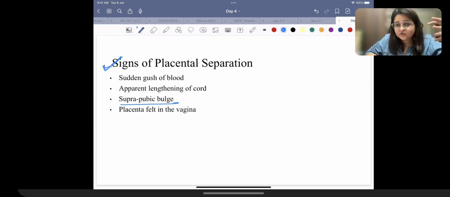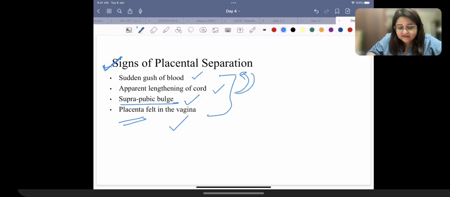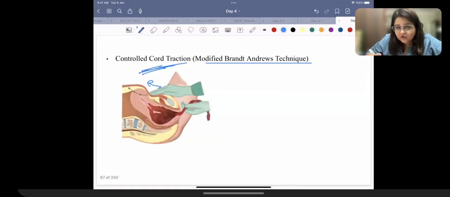It will appear as a suprapubic bulge. And if you do a PV, you will find that the placenta is lying in the vagina. So sudden gush of blood, apparent lengthening of the cord, suprapubic bulge, and placenta felt in the vagina are signs of placental separation. Once you see these signs, now you will do controlled cord traction.